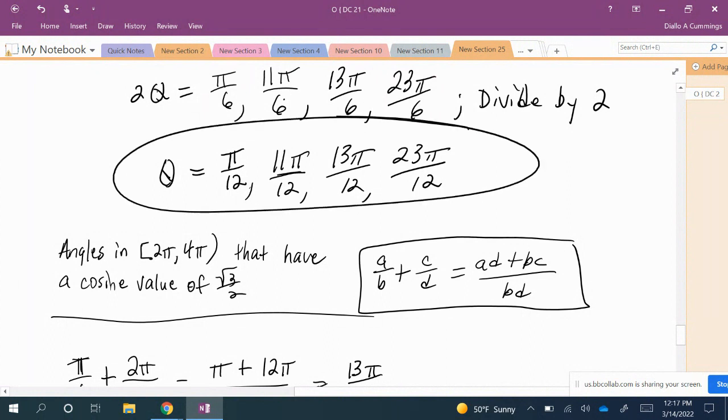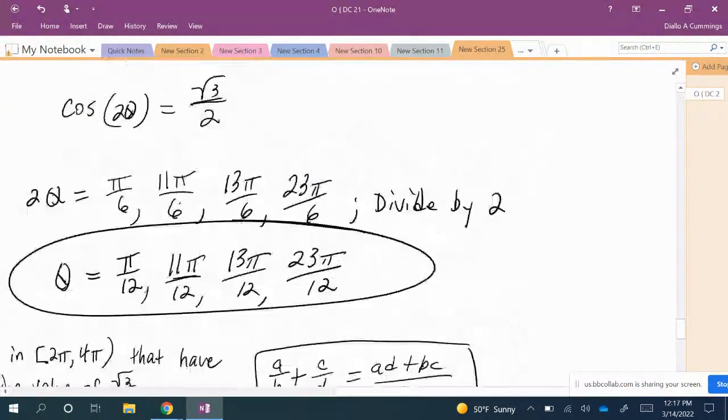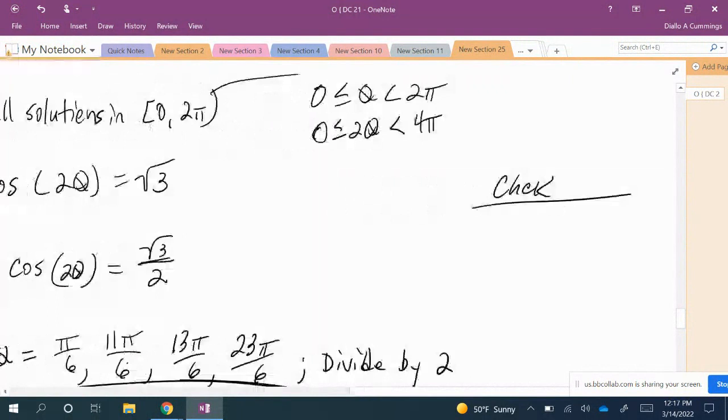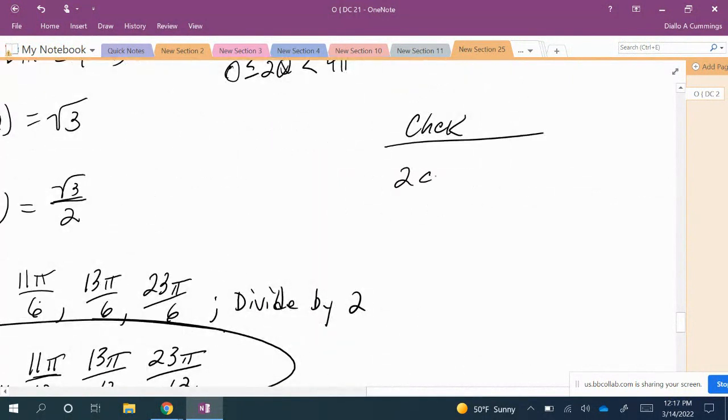All right, so these are the actual solutions. I'm actually going to check just to make sure that these are the solutions. Remember when we check, I'm going to check one right here. We go back to our original equation, which is 2 cosine 2 theta is equal to the square root of 3.